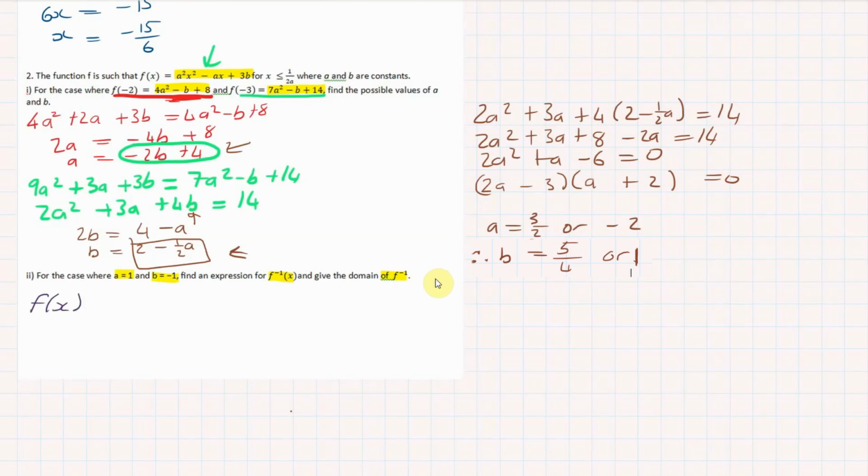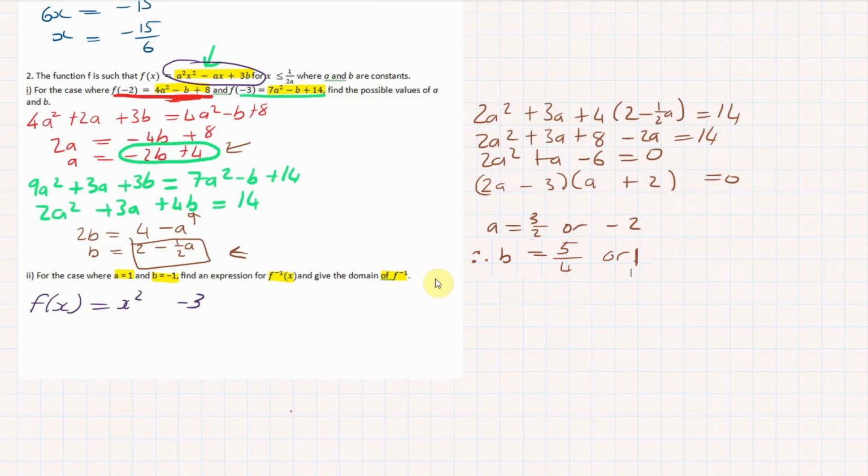what f(x) would be. Now, if a was equal to 1, then, so I'm just looking at this bit here, a squared would be 1, right? So we'd get x squared. 1 times x squared is x squared. Then minus ax, which is minus 1. And then 3b, so that's 3 times negative 1, minus 3. Oh, sorry, that should be minus 1x, okay?